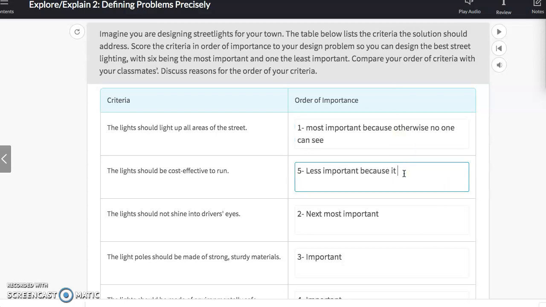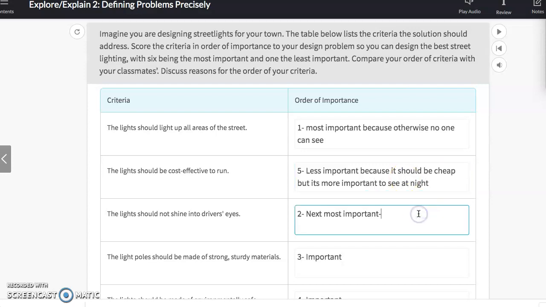Because it should be cheap, but it's more important for people to see. It's important to not crash when driving or get sick.